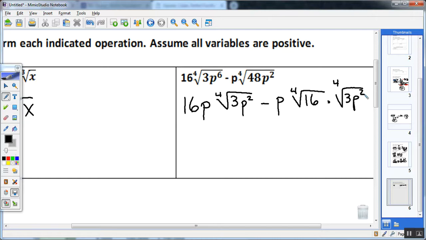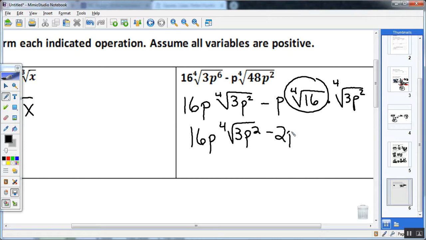Okay. What is the 4th root of 16 when you look at your chart? It's 2, isn't it? This mess right here is 2. So this is minus 2p times the 4th root of 3p squared.